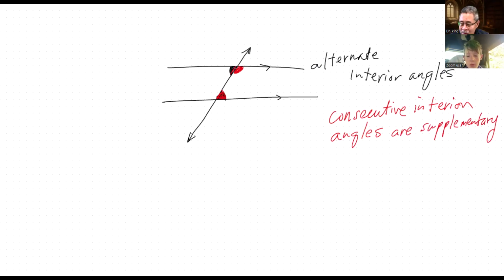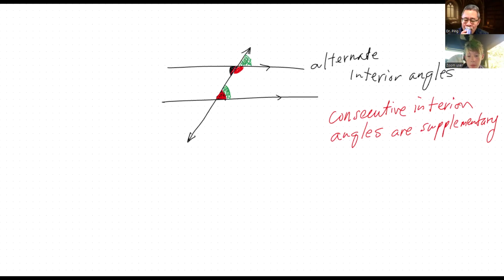Okay, so now we're going to looking at, if we call this green, this is green. What do we call those two green angles? Yeah, if we're those two green angles, one is inside, which is interior, one is outside, which is exterior.